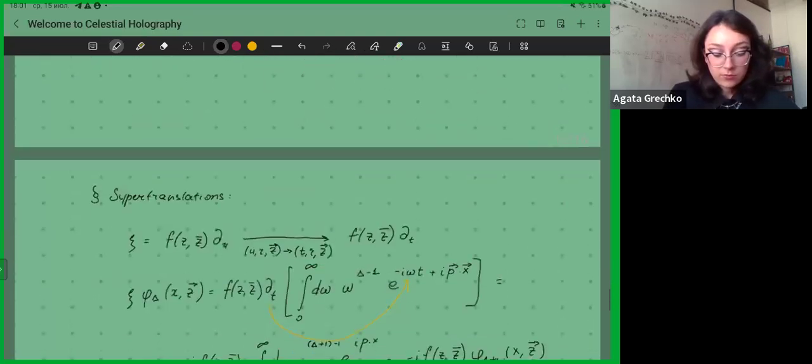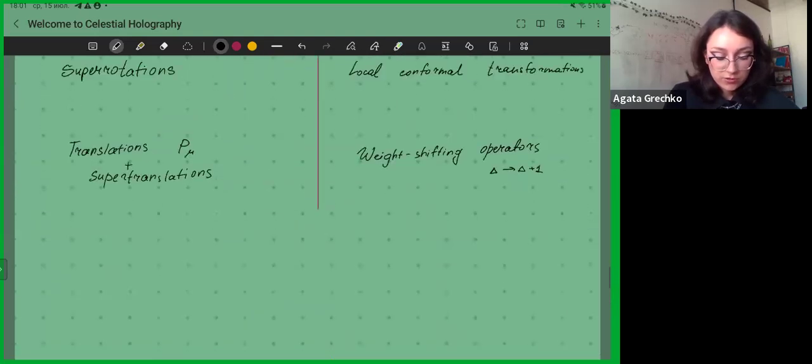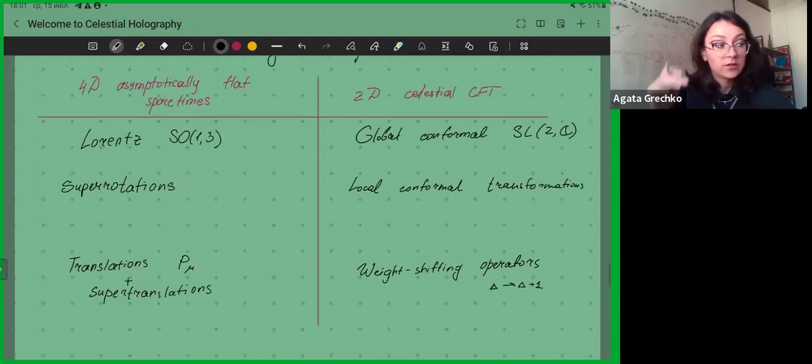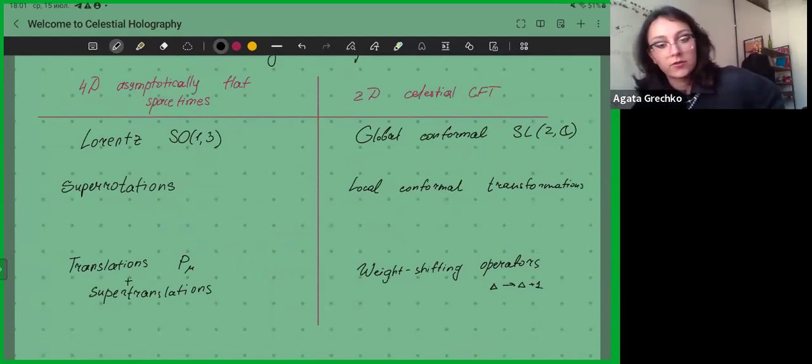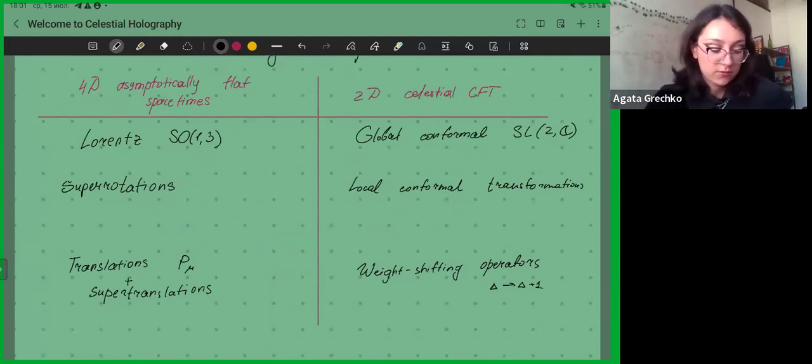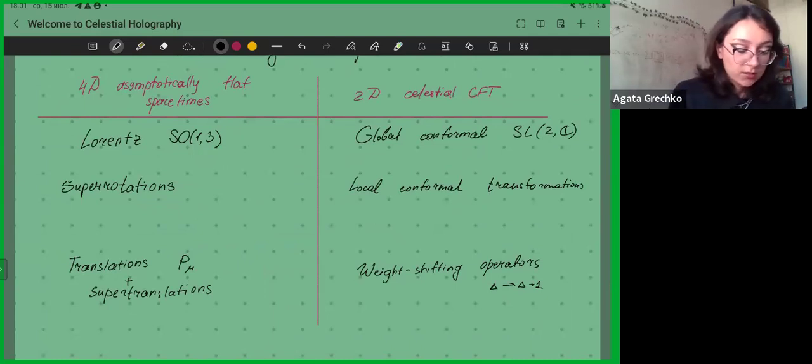And basically, that's the story I wanted to tell today about the correspondence of symmetries in the bulk and on the boundary. Now we can, with full confidence, call this thing holography, right? We just saw the correspondence of the symmetries.